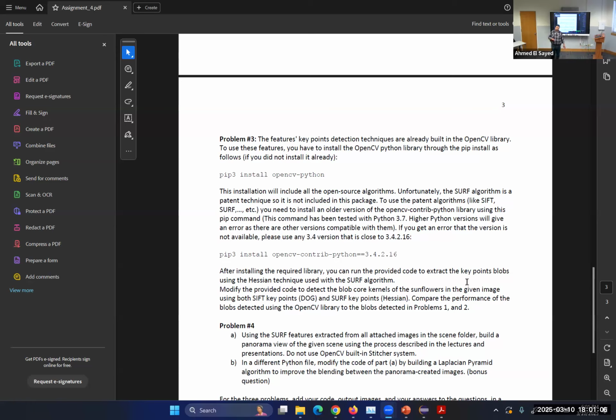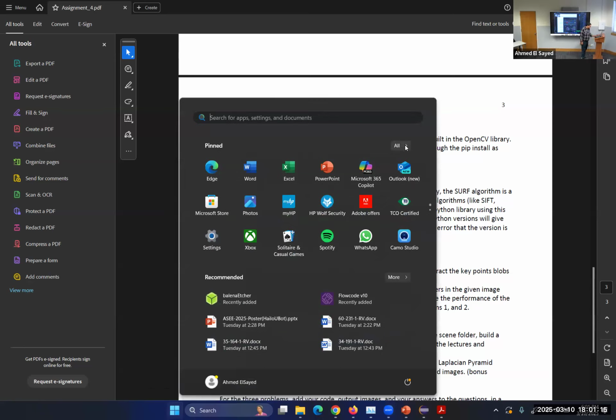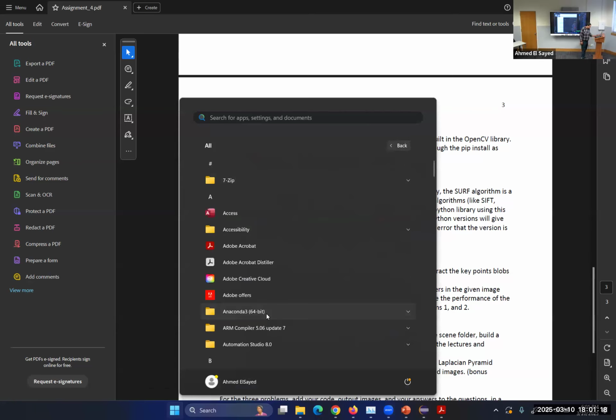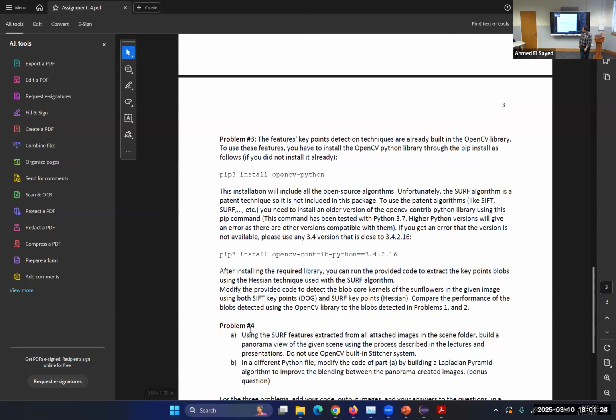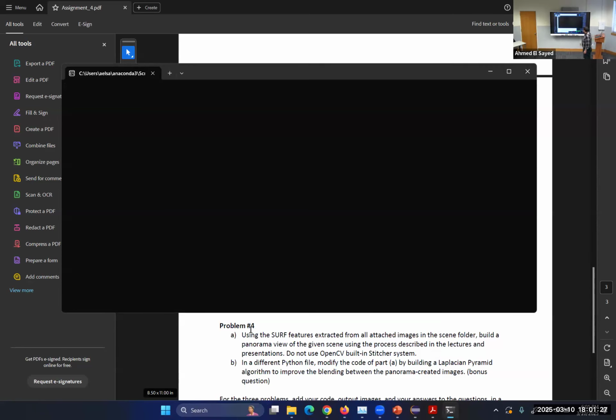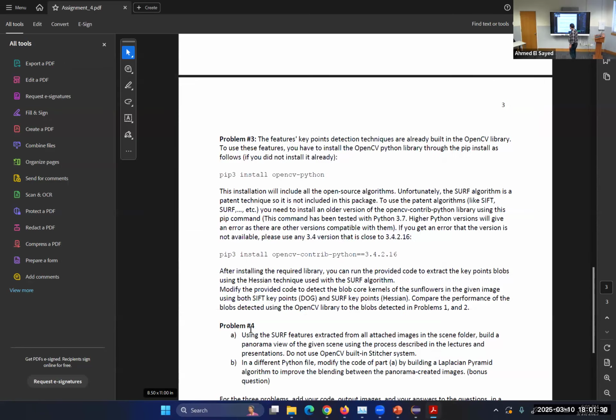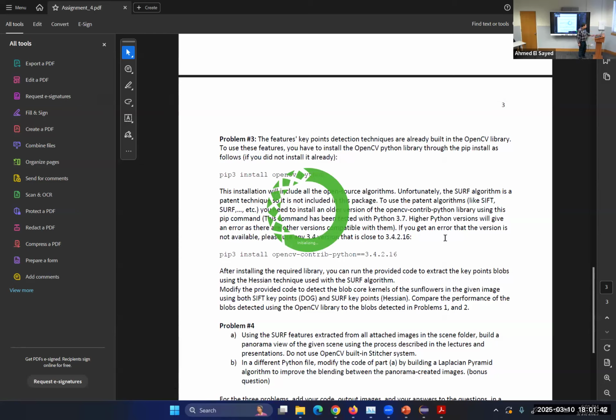So for the separate environment for computer vision, you can go to the Anaconda Navigator, whatever the environment you created, and open the shell for your selected environment.